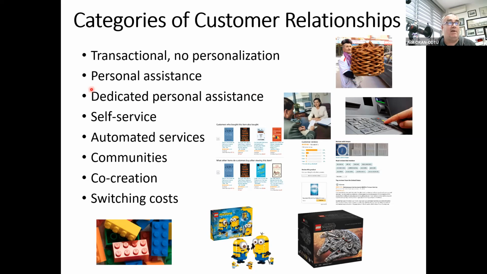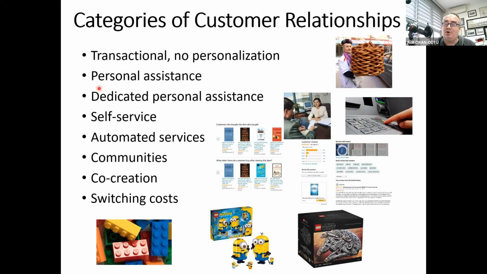What else? Well, another way to have customer relationships might be offering personal assistance. So as a company, you may have people that are serving just one customer or one group of customers. The problem with this is that this can be very expensive.